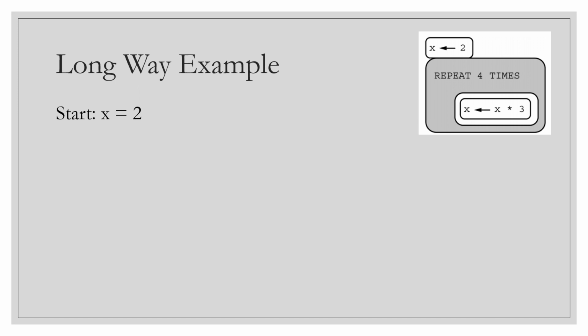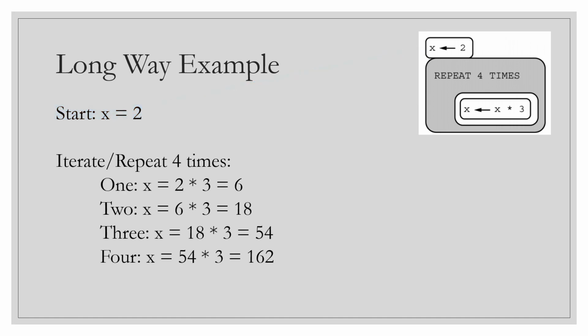The diagram shows us that the variable x is initialized with the value of 2. So one way is me just putting down start, meaning that x is equal to 2. So far, so good, right? And just like I mentioned, it corresponds to this section.